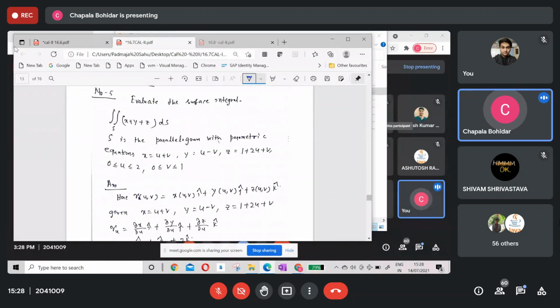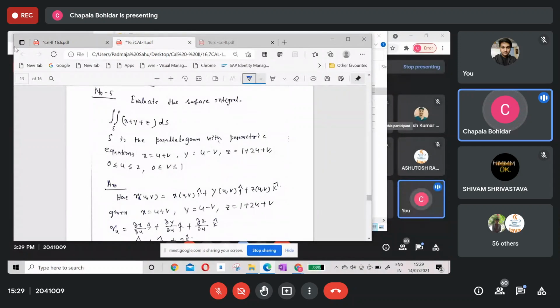Question number 5. Evaluate the surface integral, double integration over this surface of the scalar function x plus y plus z dS, where S is the parallelogram with parametric equations x is equal to u plus v, y is equal to u minus v, and z is equal to 1 plus 2u plus v.